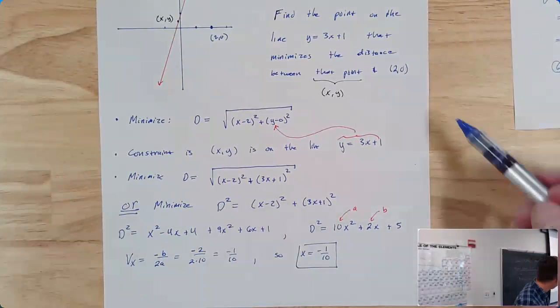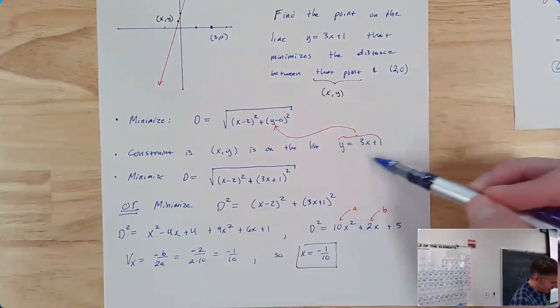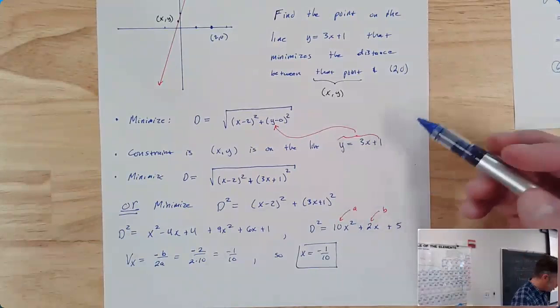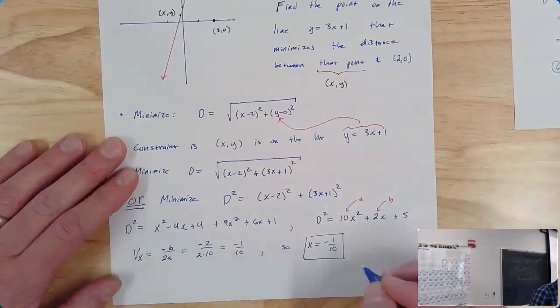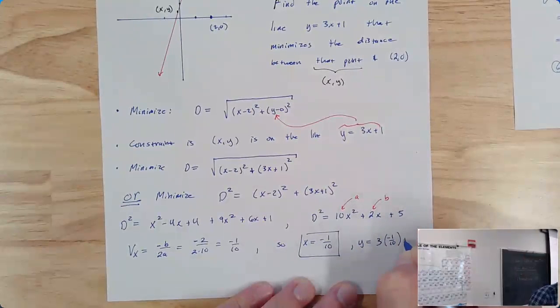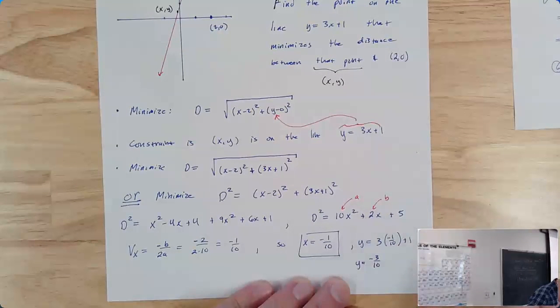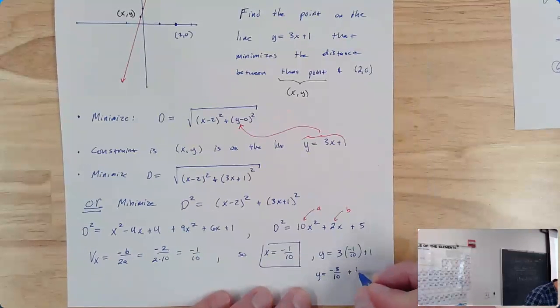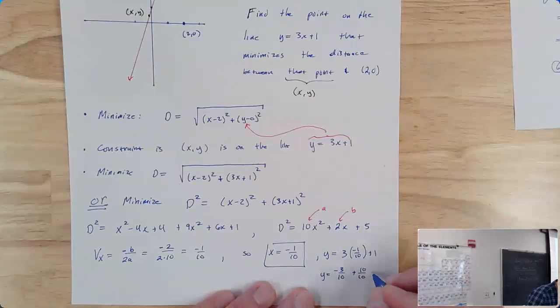Well, I'm going to look back at my constraint to tell me, oh, y equals 3 times x plus 1. So the y coordinate is going to be 3 times negative 1/10 plus 1. That's going to be negative 3/10 plus 10/10, which is going to be 7/10.